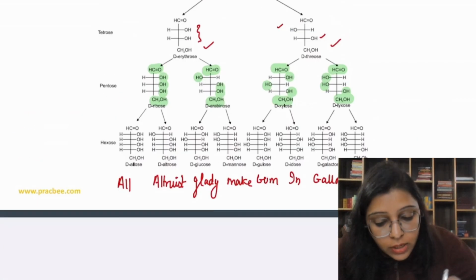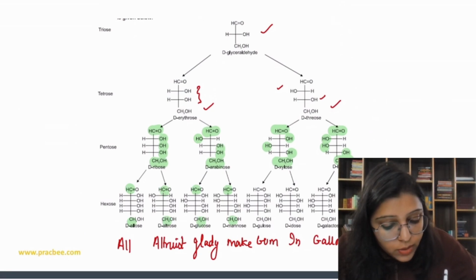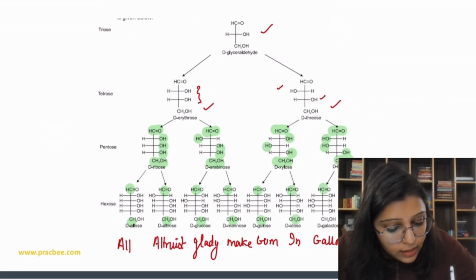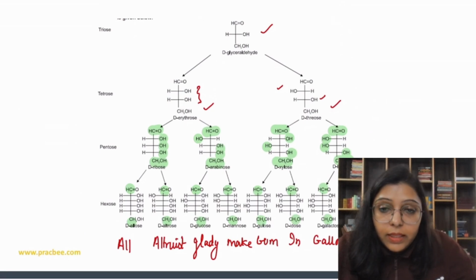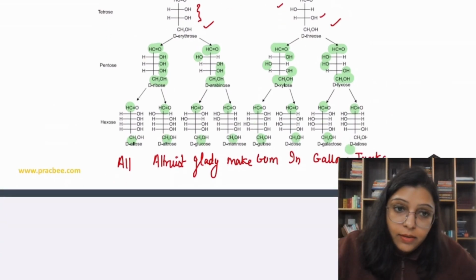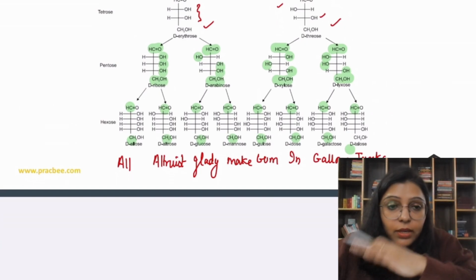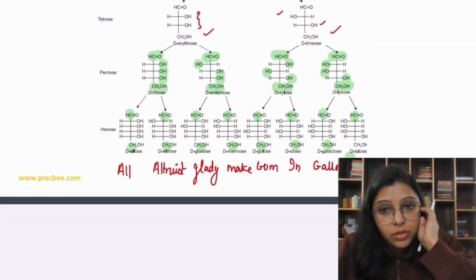First, CHO above, CH2OH below, in all of them. Then in all, the first OH is on the right hand side. Then 4 OH on the right hand side, 4 OH on the left hand side, then 2 OH on the right hand side, 2 OH on the left hand side. In that way, you are going to learn the structure.